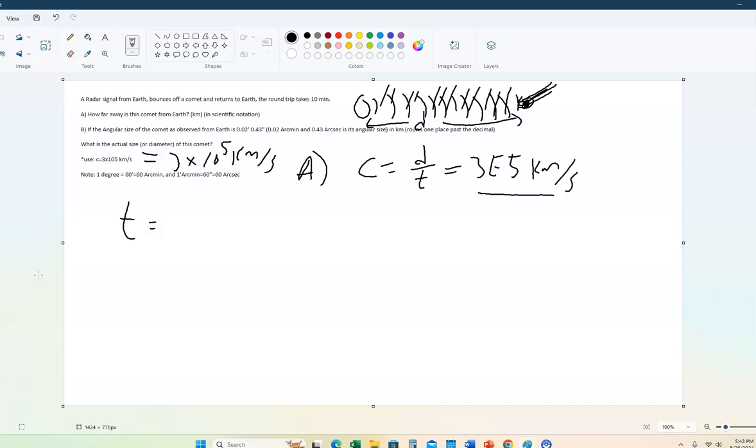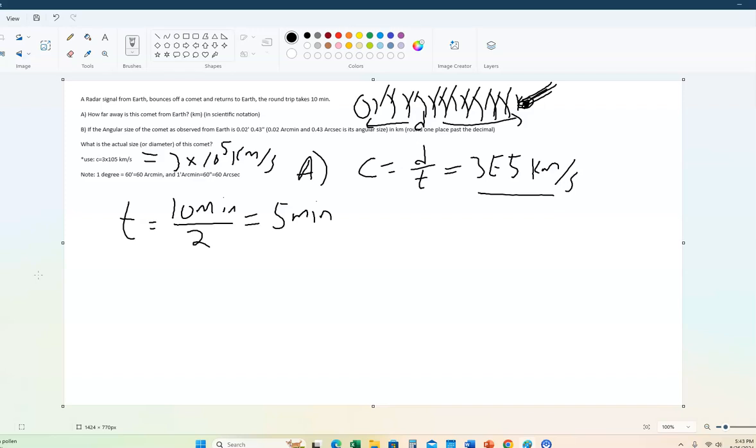If I only want to know the distance to the comet, it's going to be 10 minutes, let's use MIN for minutes, we reserve a little m for meters, divided by 2, because it's the round trip time. So this is just 5 minutes. It takes the electromagnetic radiation 5 minutes to go out to the comet.